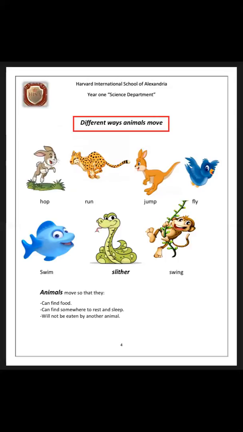Okay, let's take the first picture. What is that first picture? Oh, it's a rabbit. Okay, what do rabbits do? Rabbits, they hop. Yes, rabbits hop. Sometimes they run, sometimes they walk, but mainly they hop.